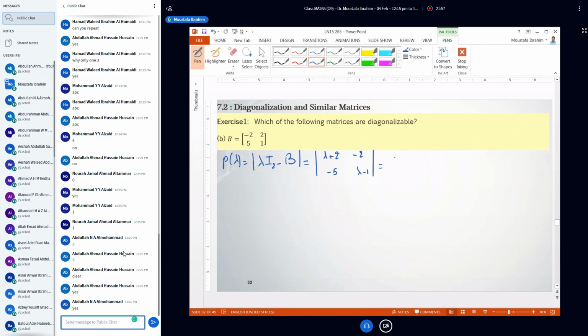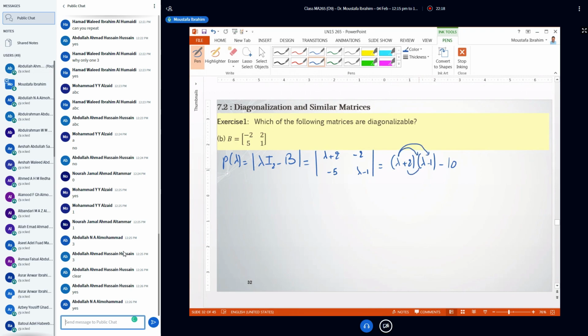So we multiply the main diagonal, minus the off diagonal: minus 5 multiplied by minus 2 is 10, so minus 10.